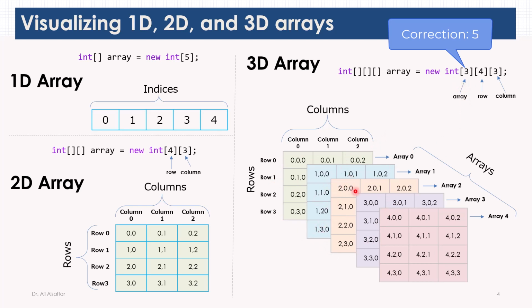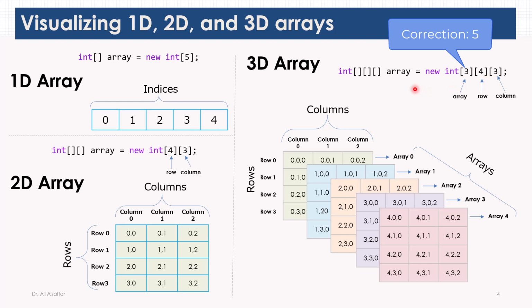And then the next array, which is a 2-dimensional array, is at level 2. So we say that it is at index 2. Each table is in fact an array. So this is array 0, this is array 1, array 2, array 3, and array 4. For each array of the first dimension, we have a table. The number of rows of this table is specified by the second dimension, and the number of columns of this table is specified by the third dimension.